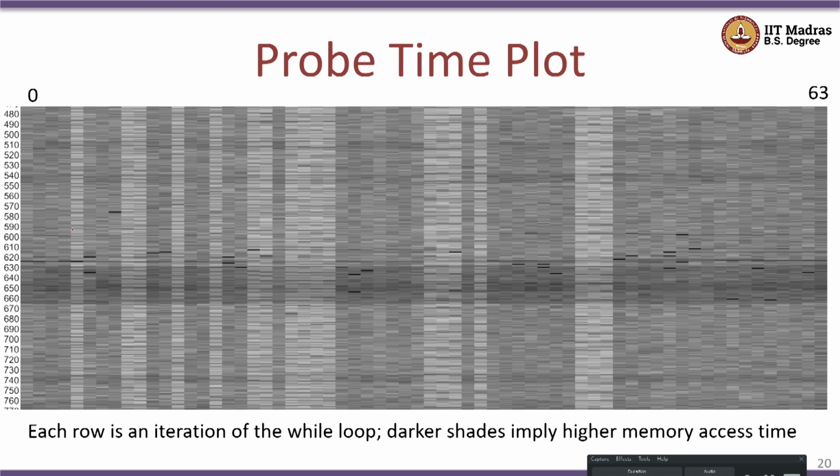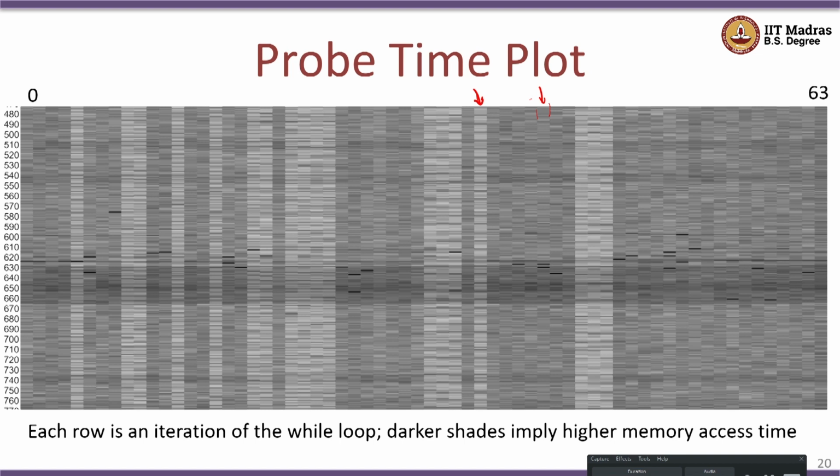For instance, you would see that certain columns or cache sets, like this one, have considerably higher access time compared to, say, this particular cache set. What this means is that there is a more likely chance of a cache miss occurring in this cache set compared to this cache set.